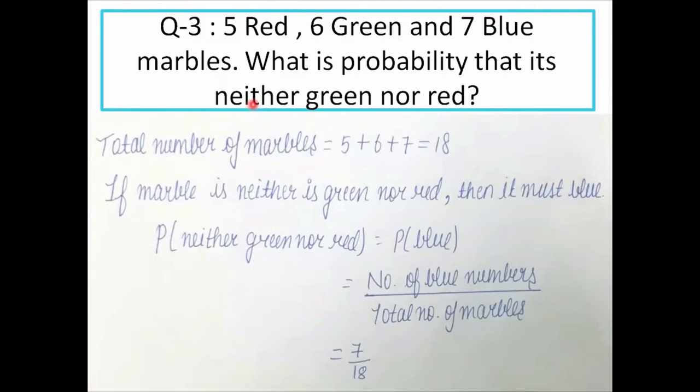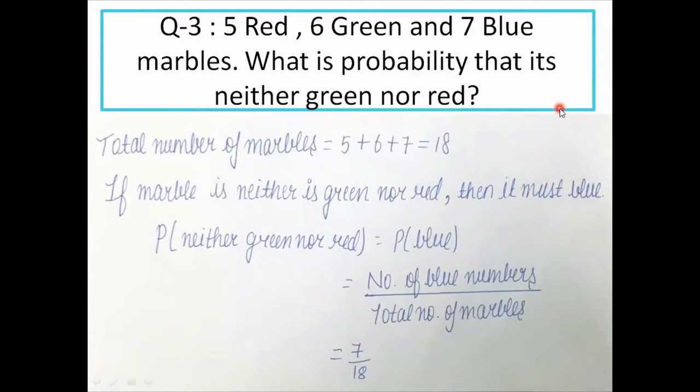As mentioned in your question, the marble which is picked is neither green nor red, so we can imagine that only one color is left, which is the blue marble. So we will take out the probability of blue marble, which is 7 by 18.